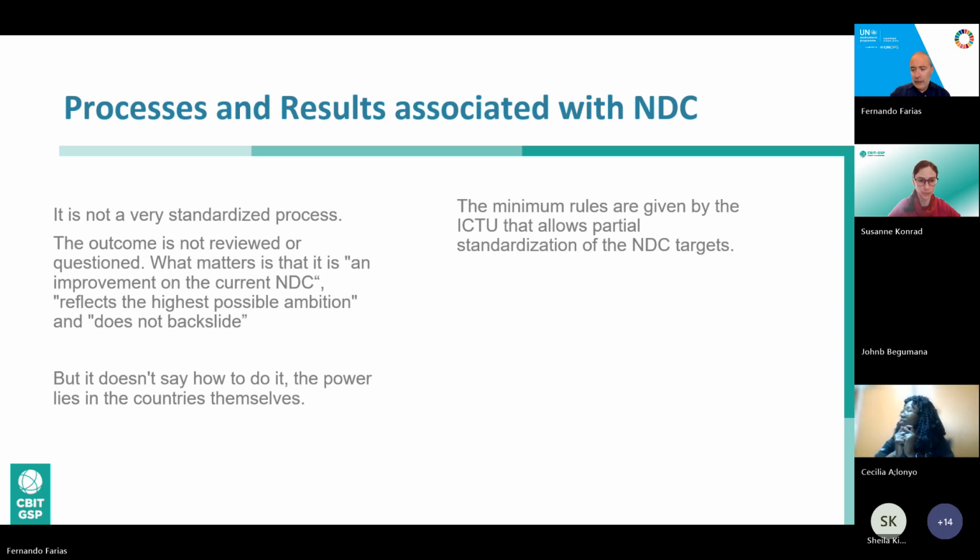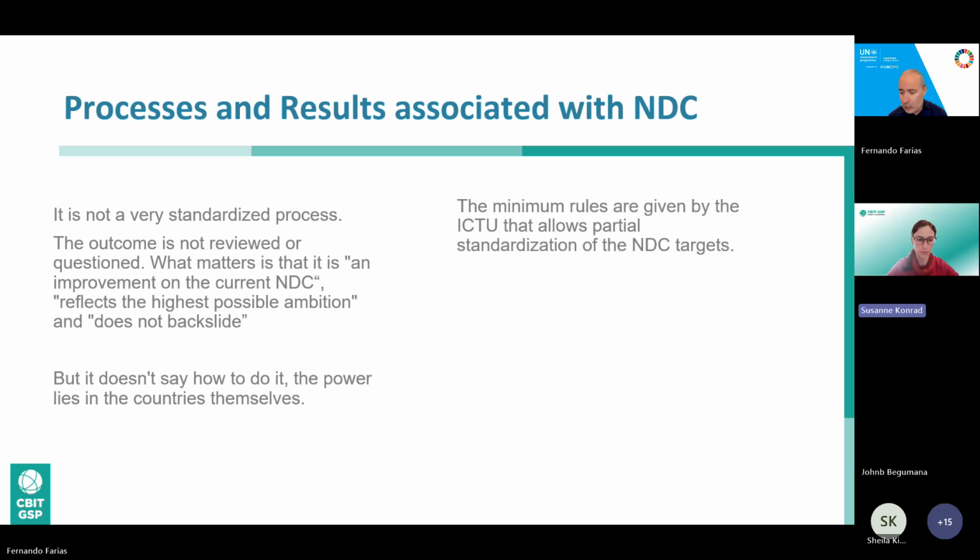There are also rules, but if you compare with the MPGs, the rules under what is called the ICTU, or the information necessary for clarity, transparency, and understanding, are much less.